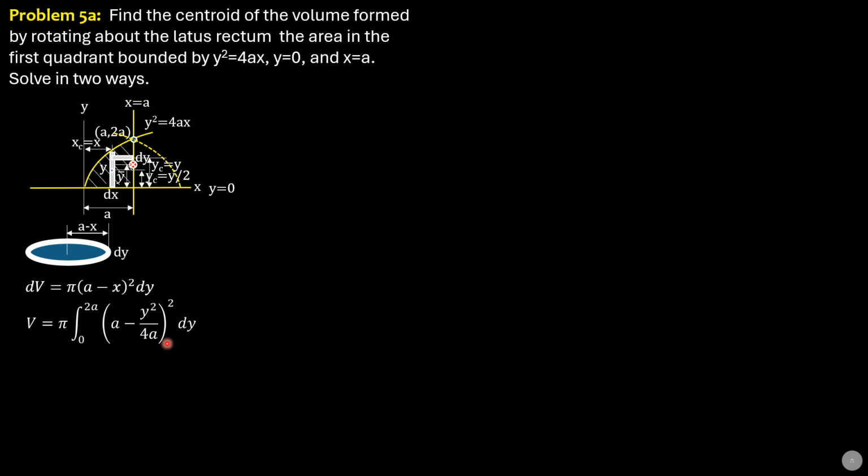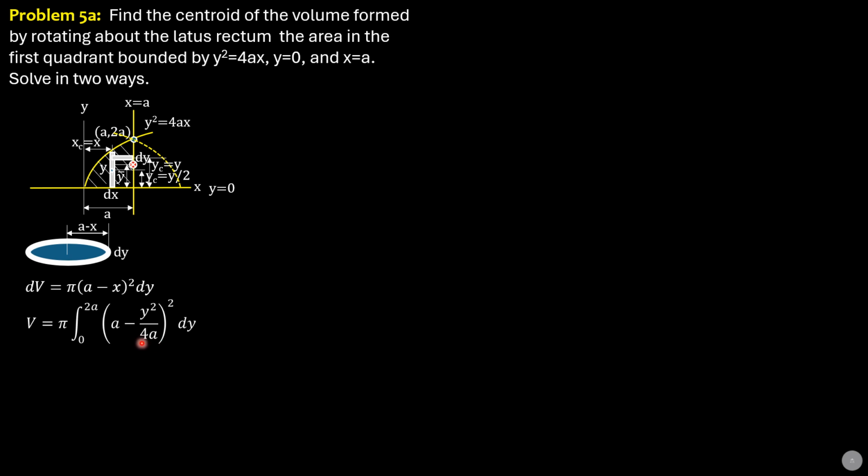So we need to evaluate this manually this time. You can use your calculator if you want, but I just expand this so that your mathematical skills will be enhanced.